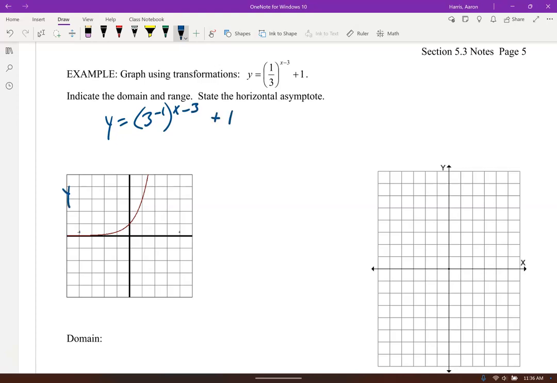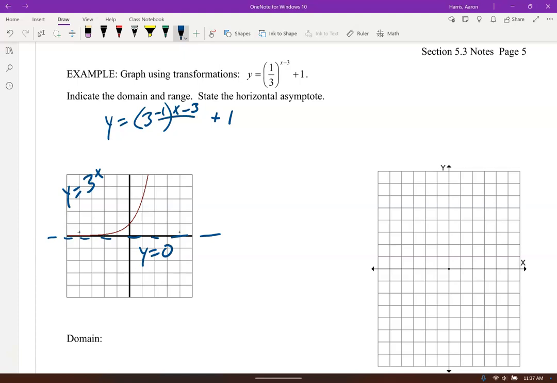So you could start with 3 to the x and then think about it that way. And that's what I have here in the notes. So 3 to the x, which still has horizontal asymptote y equals 0. So let's do it that way first, and then maybe we'll do it with 1/3 to the x as the parent function as the second approach.